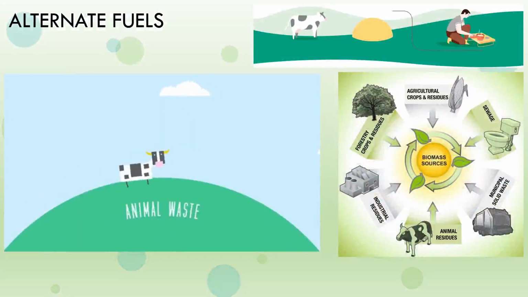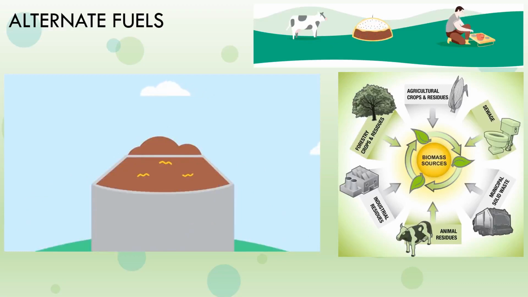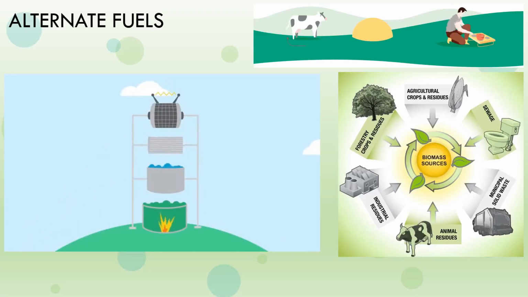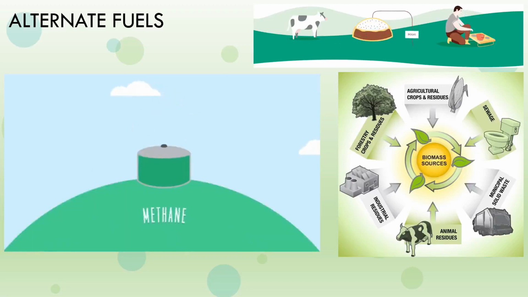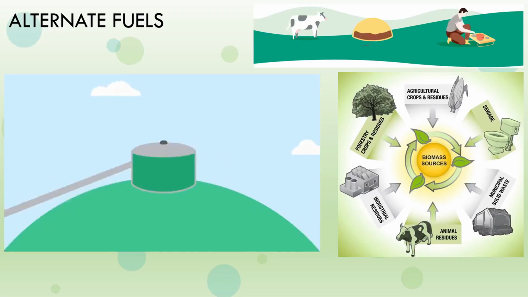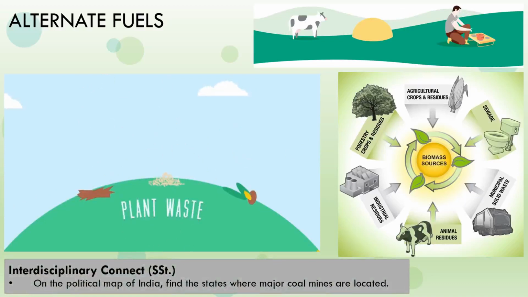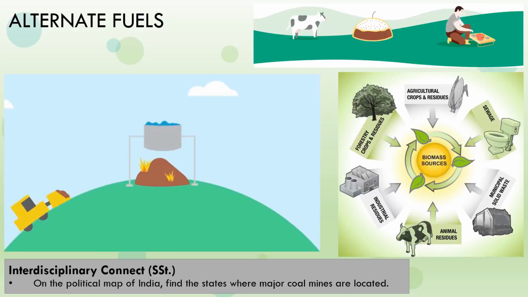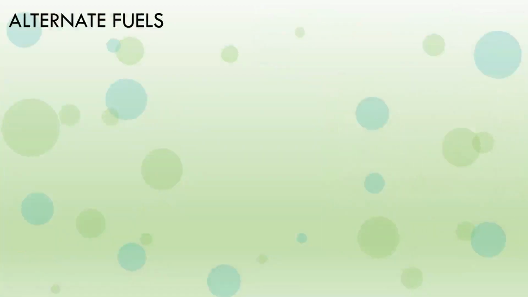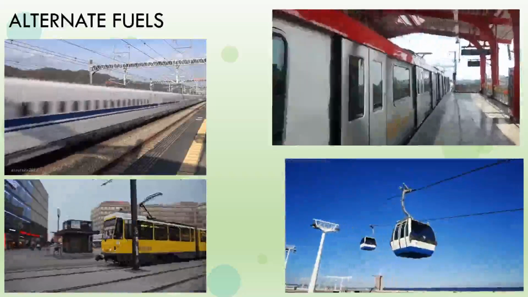It is a fuel made from biodegradable waste such as cow dung, manure, sewage, etc. It is used to run vehicles and in households, especially in rural areas to cook food. Electricity is used to run trains, metro, trams, and cable cars.